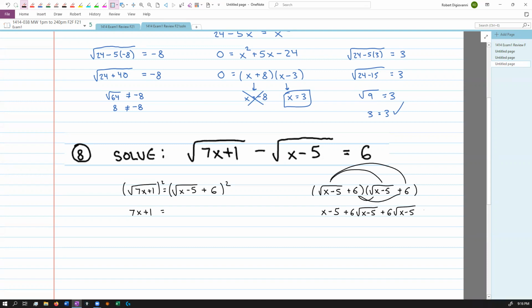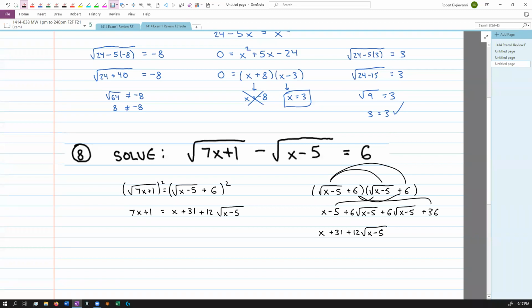Then the last multiplication, you get 36. So we can put the minus 5 and 36 together. That gives us plus 31. And then 6 of those roots plus another 6 is 12 of them. So that's our right-hand side, x plus 31 plus 12 roots of x minus 5.